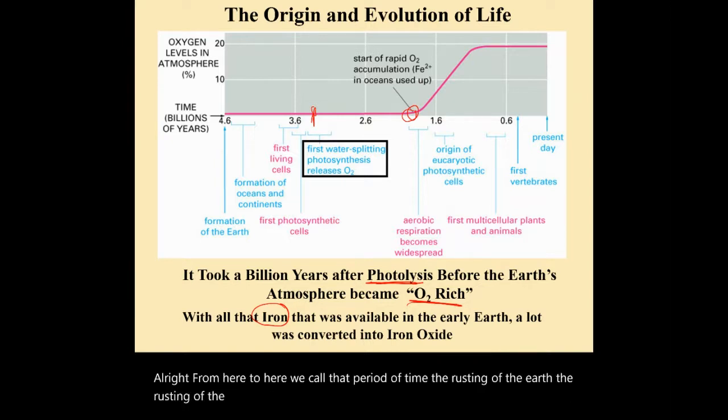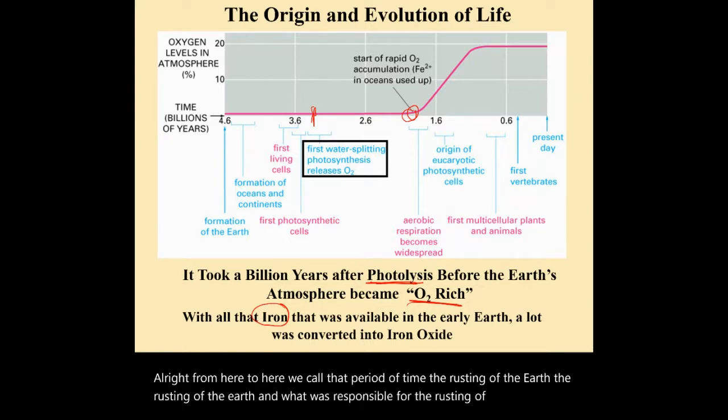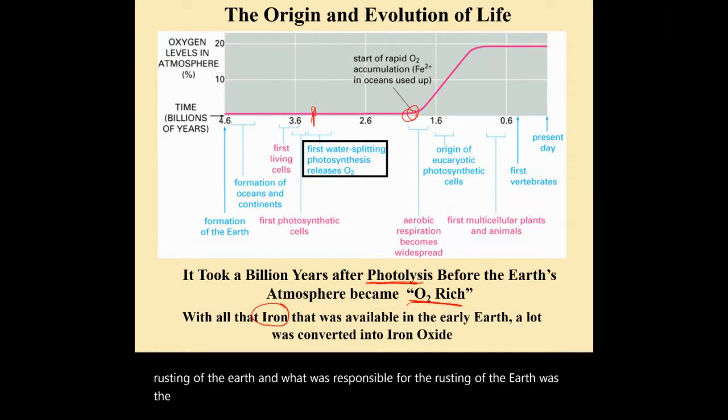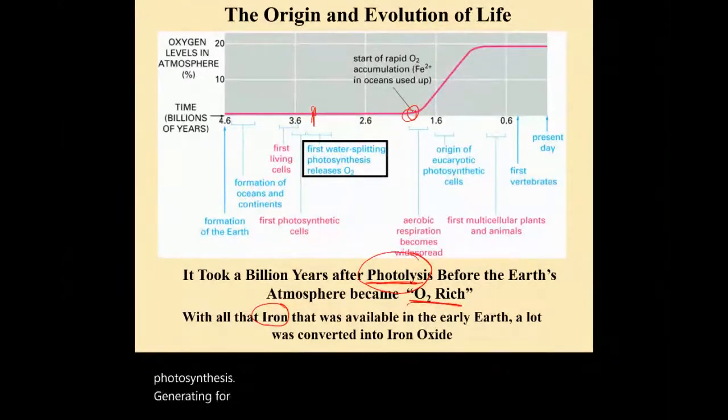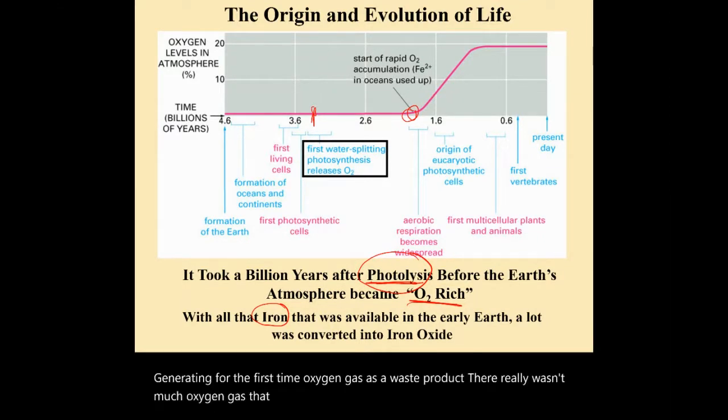And what was responsible for the rusting of the earth was the photosynthetic organisms who started to do photolysis as part of their photosynthesis, generating for the first time oxygen gas as a waste product. There really wasn't much oxygen gas that came with the earth. The early earth didn't have oxygen gas. That was a very unusual gas to even be present with the early earth.